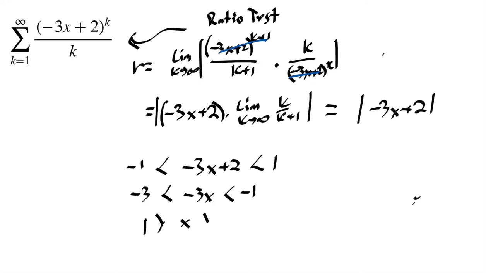And then I divide by negative 3 and we get positive 1 is greater than x is greater than positive 1/3. So it looks like my convergence is from here. So I can see my radius right now. My radius is the halfway point. So I can see that here I have the open interval 1/3 to 1.